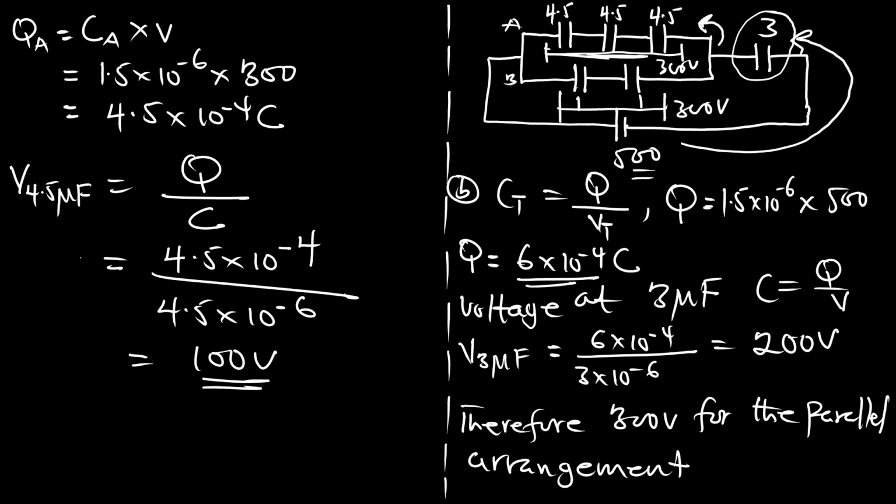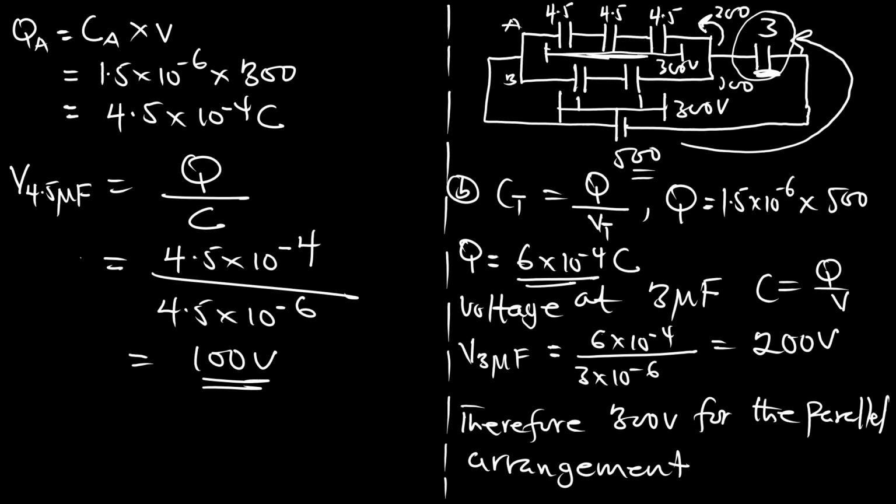If this was an objective question, we could just look at it and get the answer, because now we know that 200 is dropping at the 3, meaning we have 300 more. The A part has a total of 300, and the B part has a total of 300.